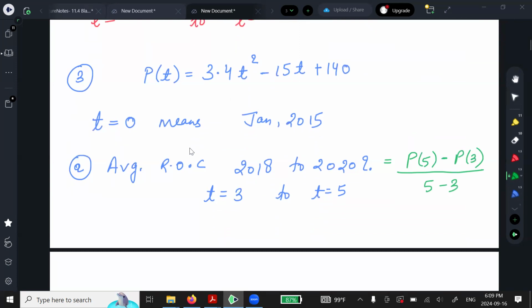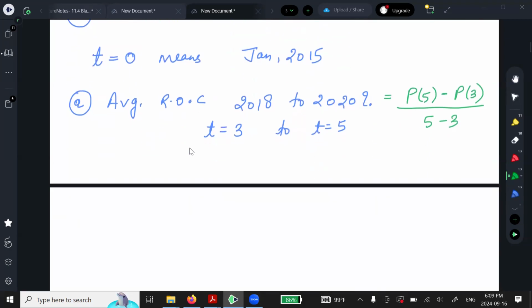Formula is the same. Can you find P5? What will you do? How many know what to do? Not many. You know what to do, right? Can you do this question in the exam? Just plug in 5 in place of t, plug in 3. You are allowed a calculator, so use it.